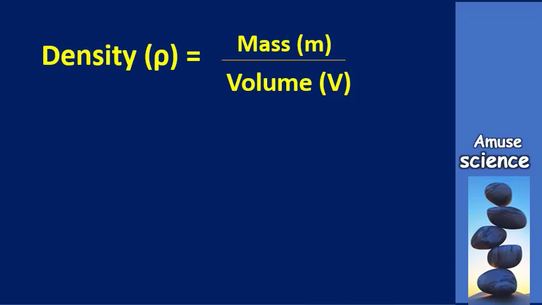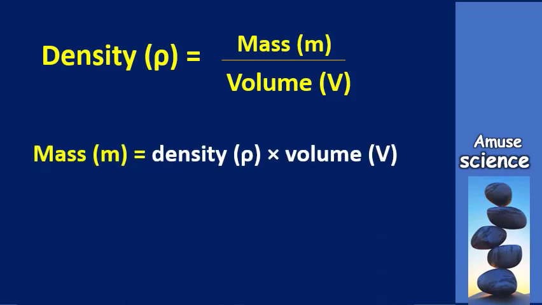For example, if you are given the density of a substance and its volume, you can find its mass. In this case, the mass of the substance will be equal to the product of the density and the volume. In the same way, when you are given the mass of an object and the density of an object, you should be able to calculate the volume of the object.